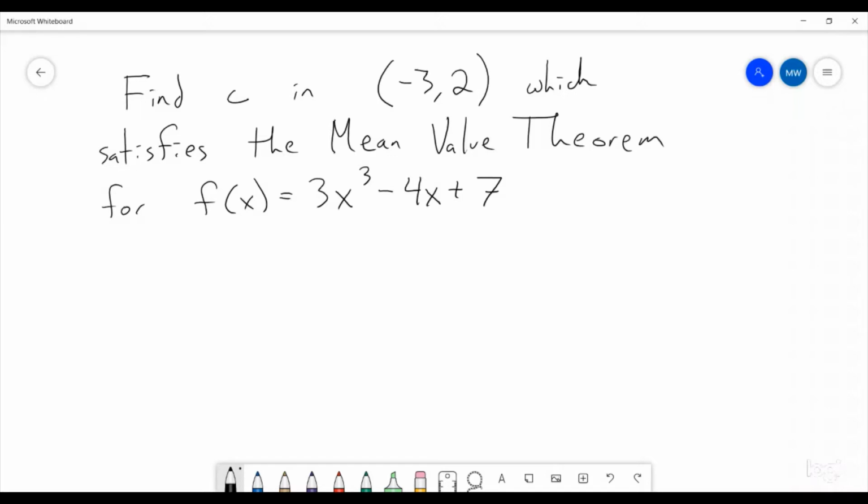Okay, so how would we approach this problem? Well, first we're going to need to remember, what does the mean value theorem say?